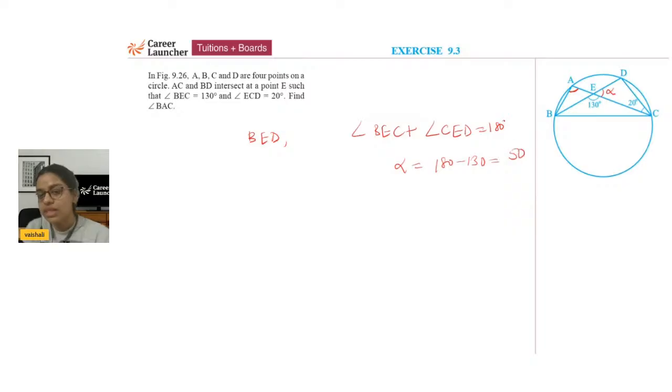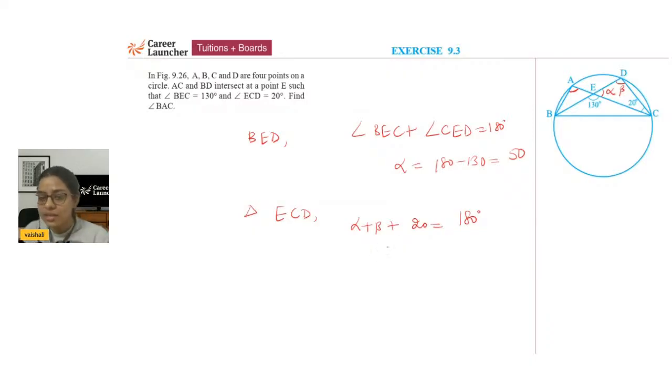or 50 degrees? Now focus on the triangle ECD, where you are applying the angle sum property to find the angle beta. So alpha plus beta plus 20 degrees is equal to 180 degrees because I am applying the angle sum property.